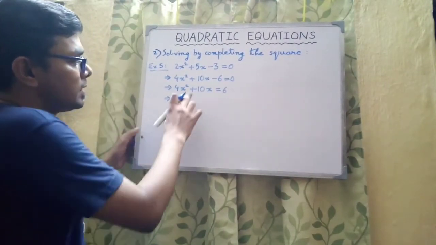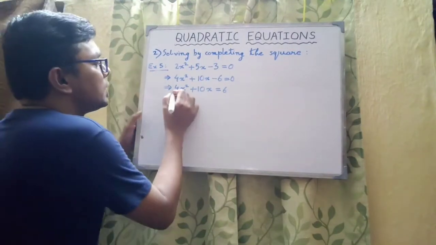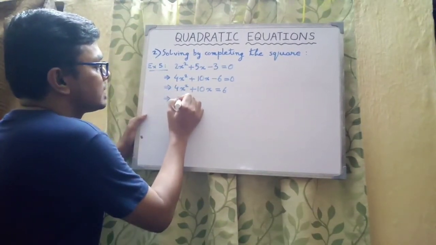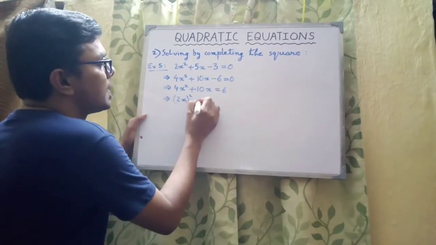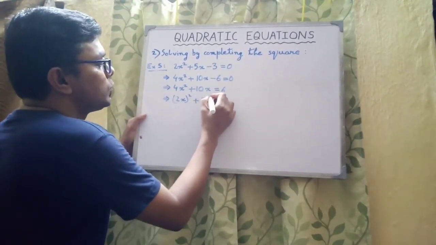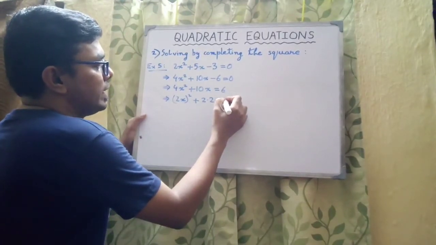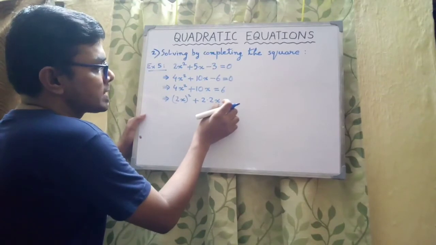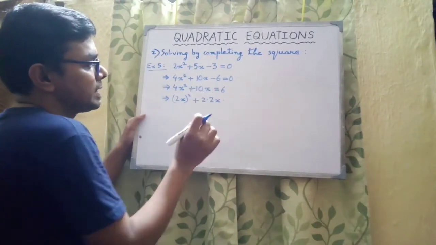Here plus 10x is there, so it will be of the form a plus b whole square. So we see 4x squared, that is 2x whole square. Now we have got a perfect square over here, plus 2 into 2x into, see, 2 into 2x, that is 4x, but we have 10x here.